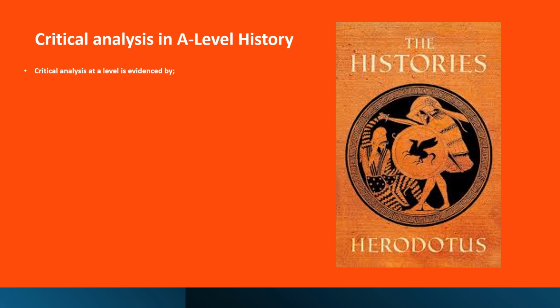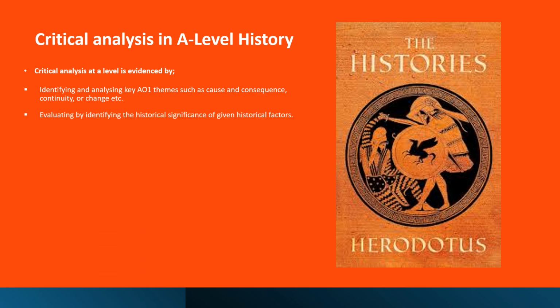Critical analysis at A level is evidenced by identifying and analysing key A01 themes such as cause and consequence, continuity or change, etc. Evaluating by identifying the historical significance of given historical factors.